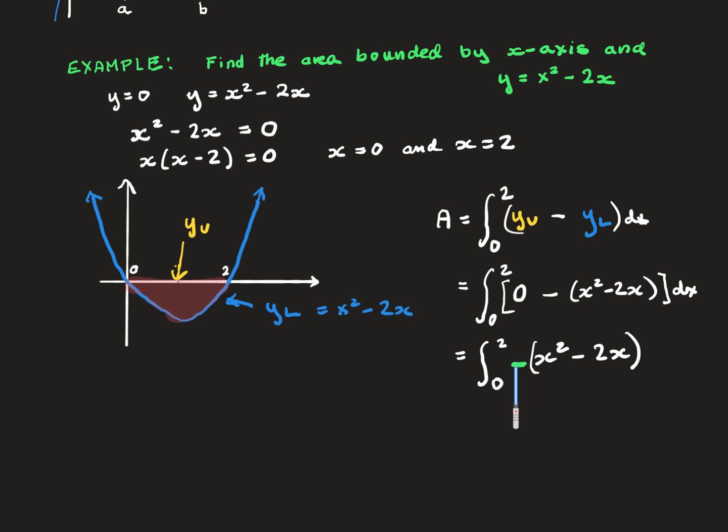And can you see that negative sign? Well, we want to get rid of that by rewriting this, from 0 to 2, and saying 2x minus x squared.